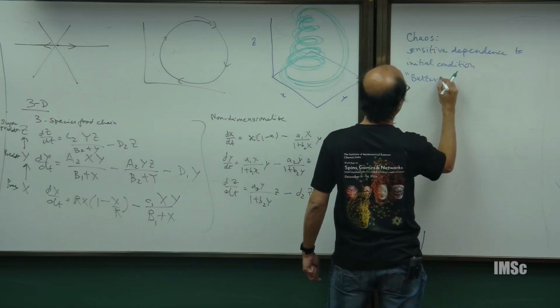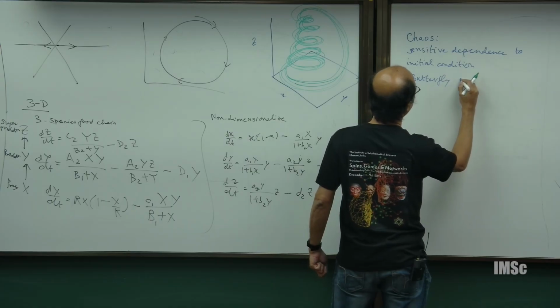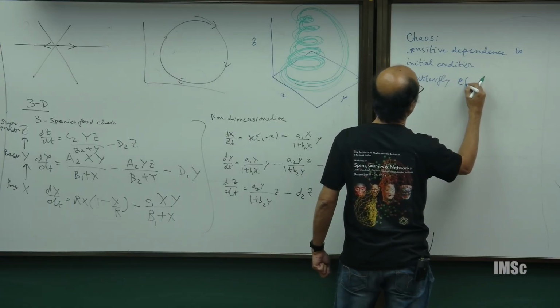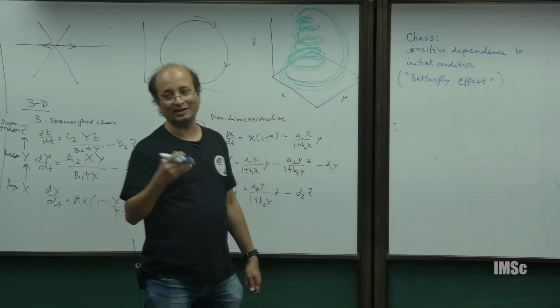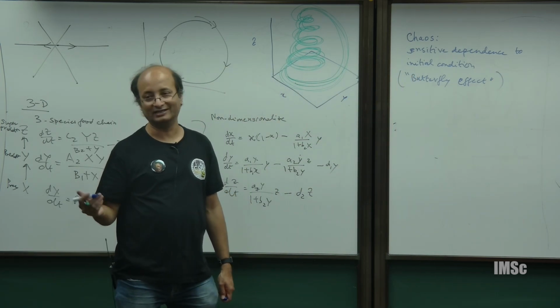That is, a butterfly flapping its wings in the Atlantic can cause some changes which gradually amplify their effect, so that there will be a tornado in the Pacific.